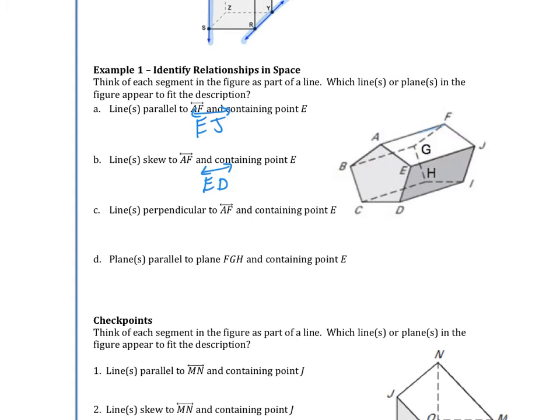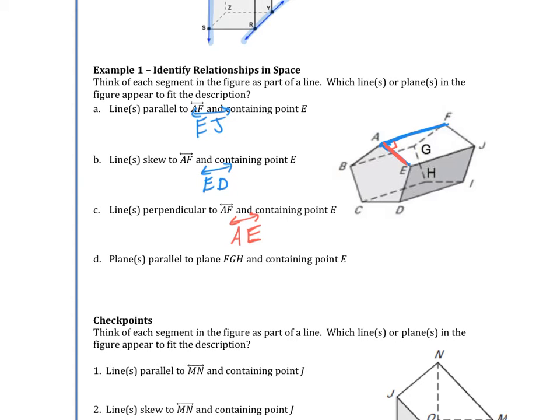Okay, which line is perpendicular to AF and contains point E? So again, here's AF. Perpendicular to AF containing point E would be this red line, perpendicular because it forms a right angle. We're going to assume those would be right angles here. AE is the only one that could be perpendicular through point E. So line AE.